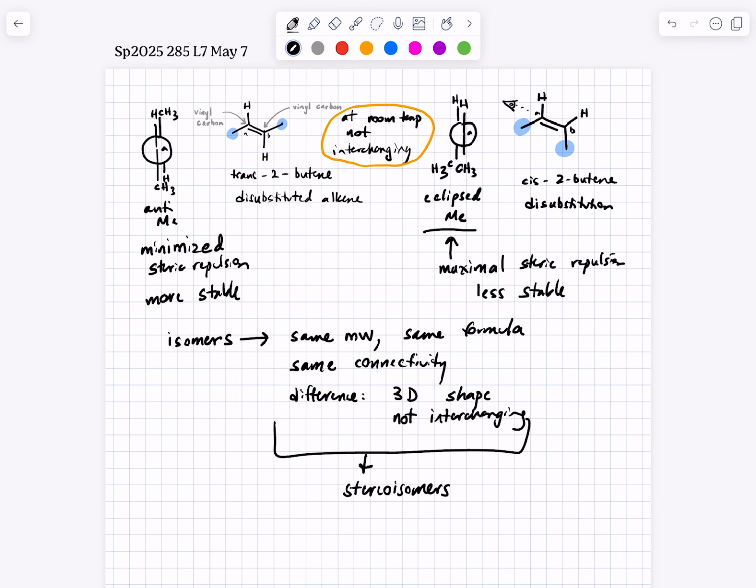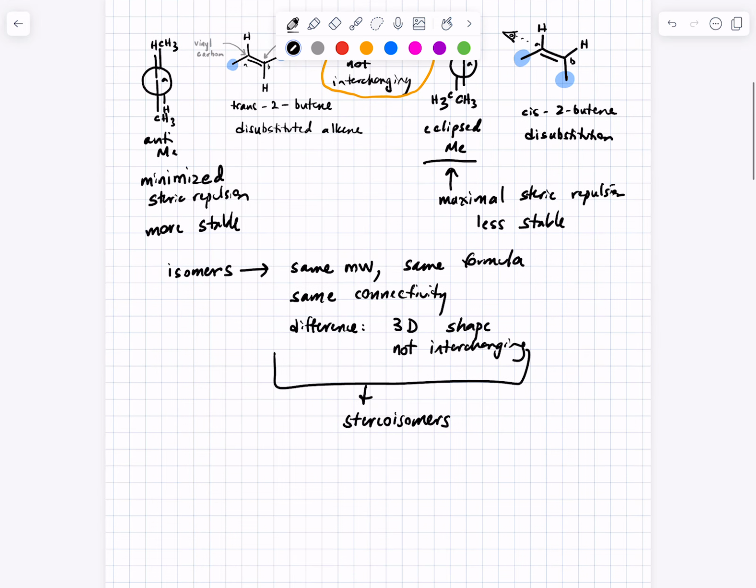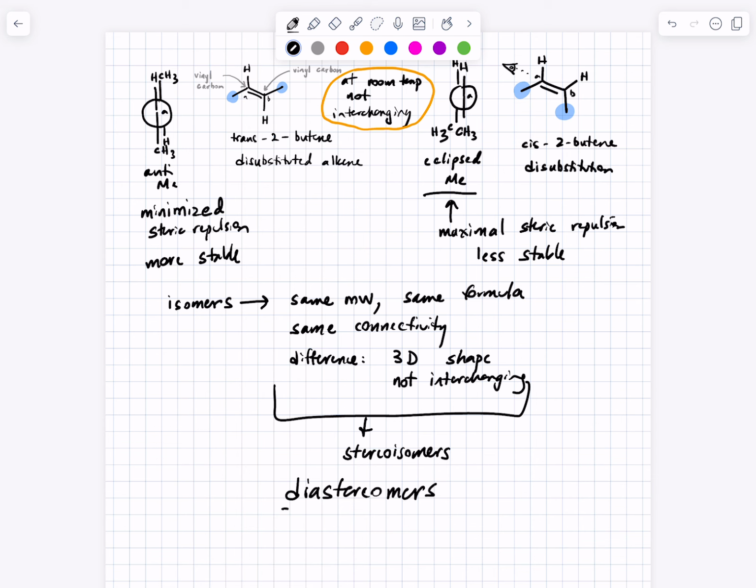And I'm going to introduce, there's actually 2 different kinds of stereoisomers. I'm going to introduce one new term today and then another new term probably on Friday. Today's new term for stereoisomers is diastereomer. The cis and trans stereoisomers are diastereomers.